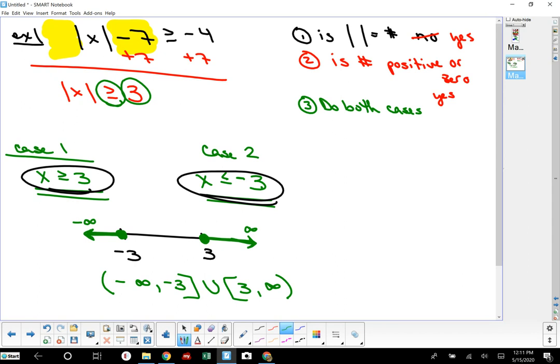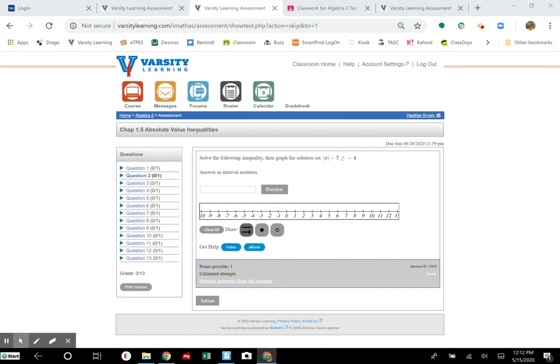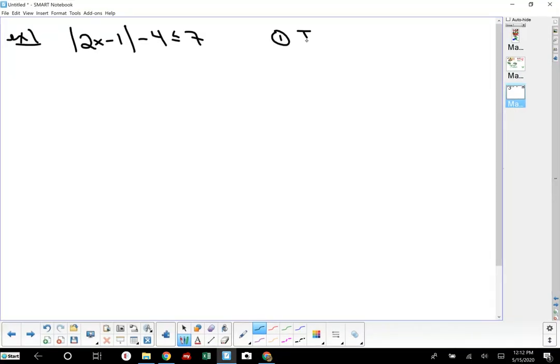All right, one more example. Remember, this is 1.5 before we finish. So one more example. And this one is absolute value of 2x minus 1 minus 4 is less than or equal to 7. So, question 1.